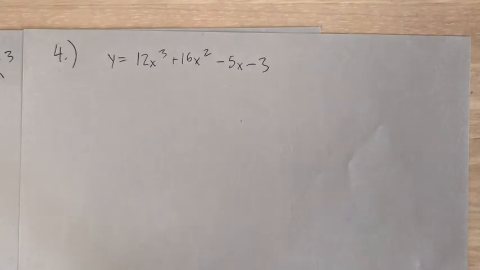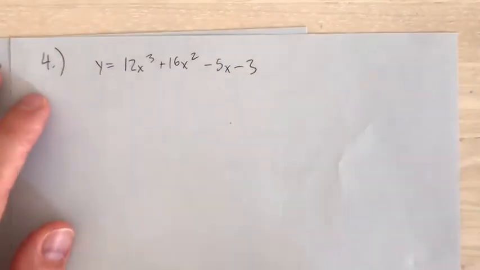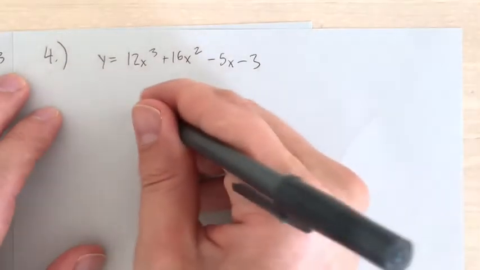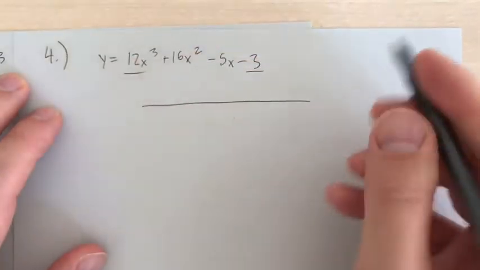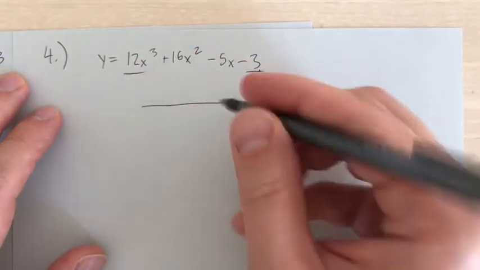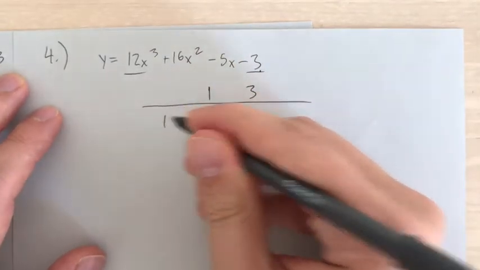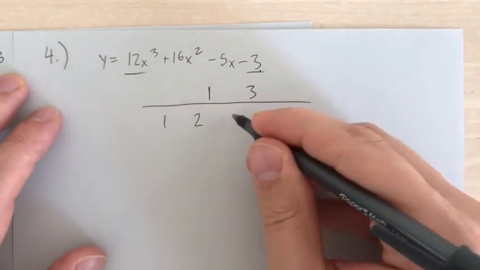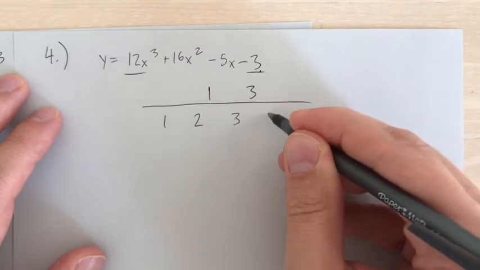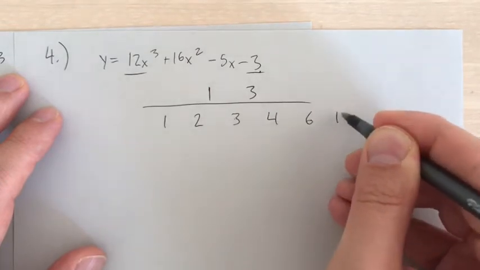Let's go on to the next problem that you guys said you had issues with. This one's going to go a little bit faster. So taking these two numbers, so factors of 3 is just 1 and 3. Factors of 12, well, there's few. 1, 2, 3, 4, 6, and 12.